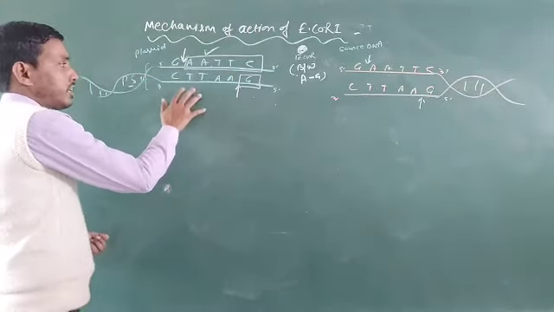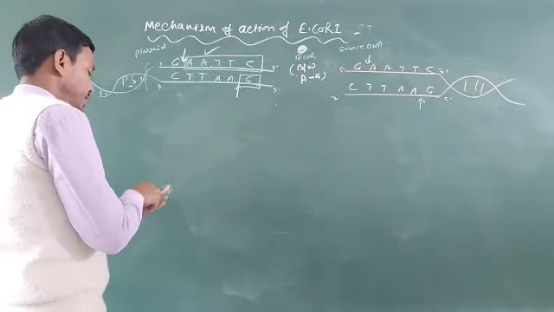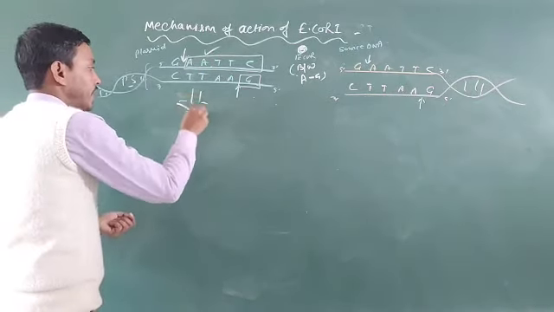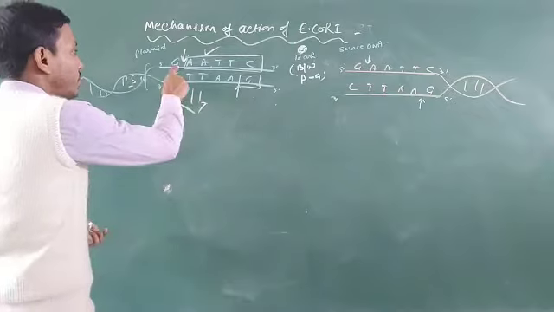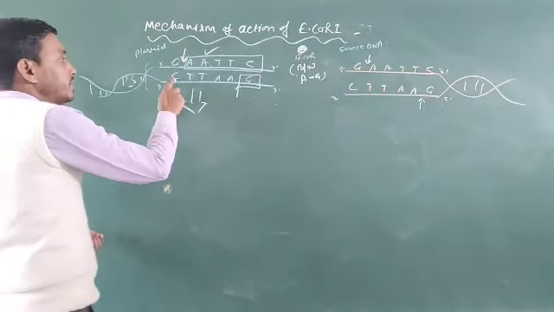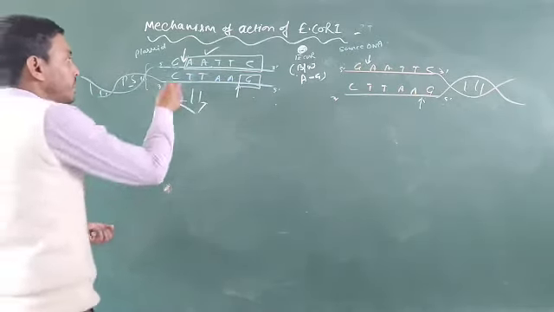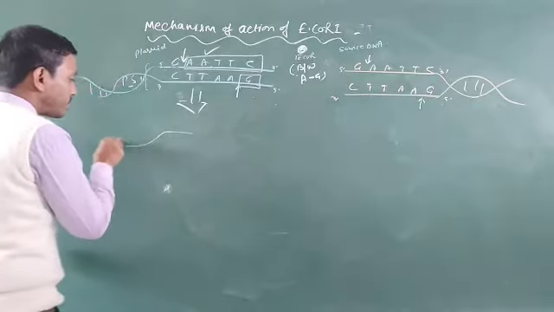So let me draw the structure after getting loss of these fragments. Listen, after application of EcoRI, only G remains on this strand, and CTTAA will remain on this strand. So what do we learn? What is left after the cutting?